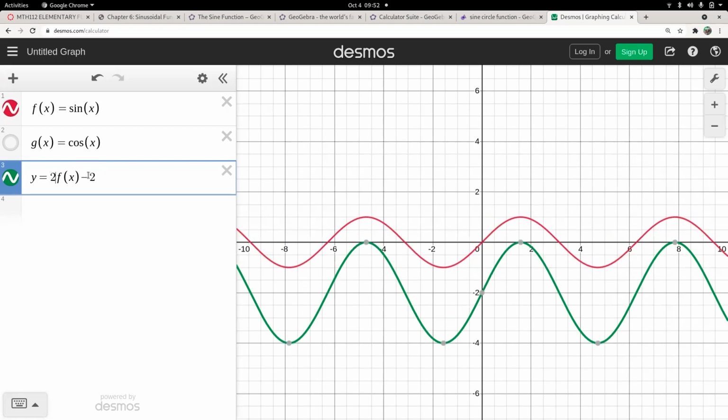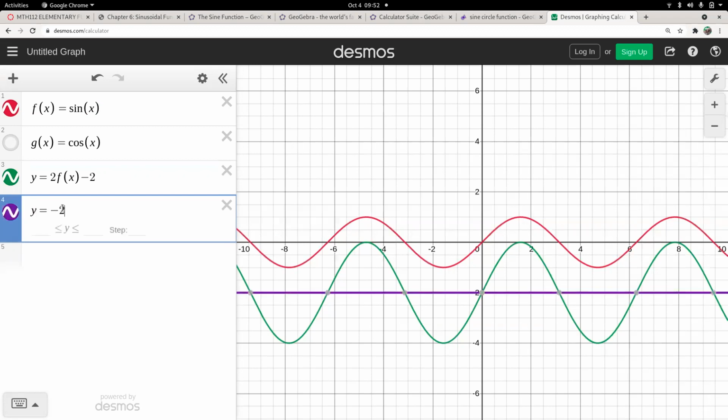Now I want to point out something interesting here. Notice the drop of 2 here. That's the center line of this new function. So if I graph y equals -2 to indicate the drop of 2, you can see that purple line goes right through the middle of that wave, cutting it in half. So basically that -2 up here shifts the function down 2, and it doesn't matter how I stretch it after that.